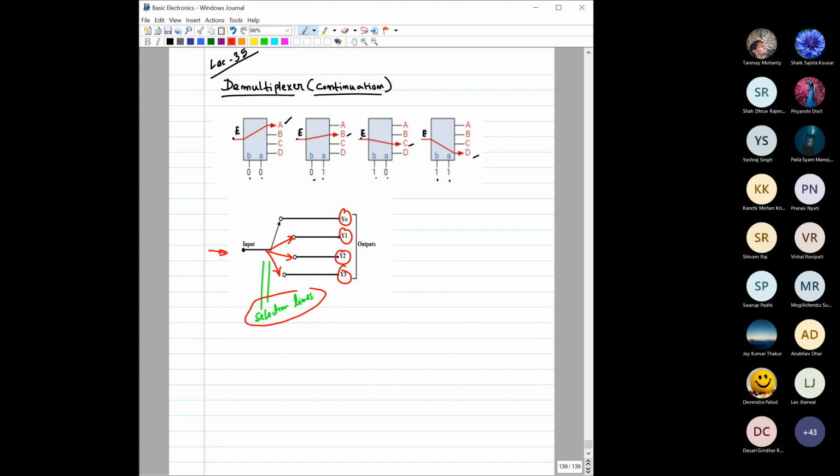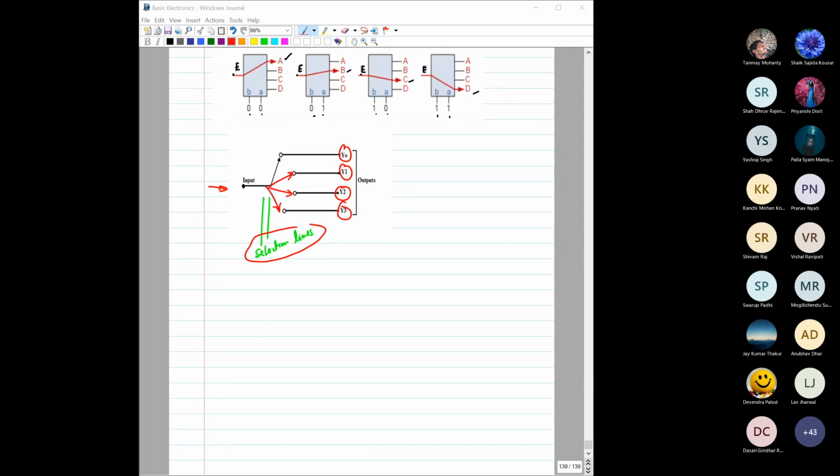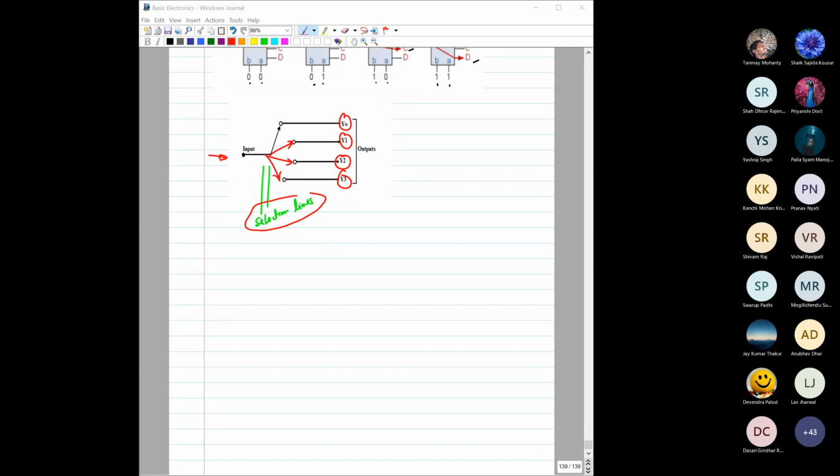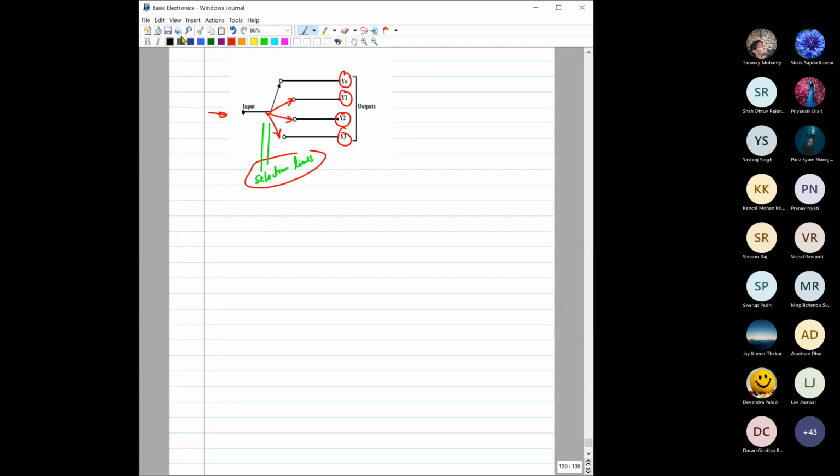Now let us consider one example and see how we can actually make the circuit. We need some space here, and we want to continue in a single page, so I made some space.